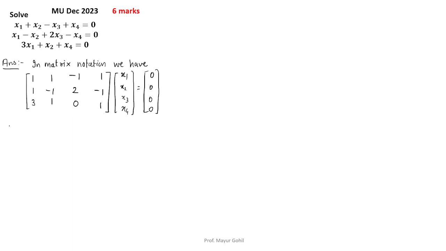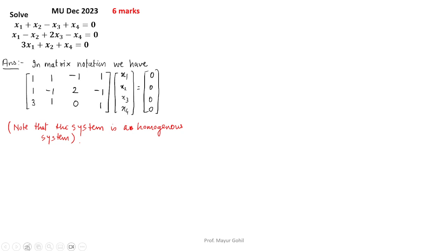So we can have a note over here. If you wish to write that, it is okay, otherwise you can skip this. Note that the system is a homogeneous system.